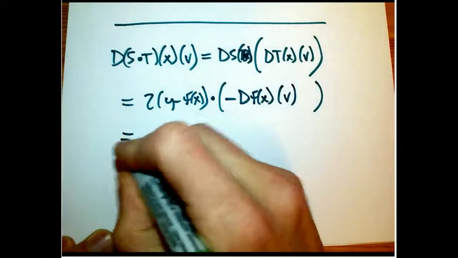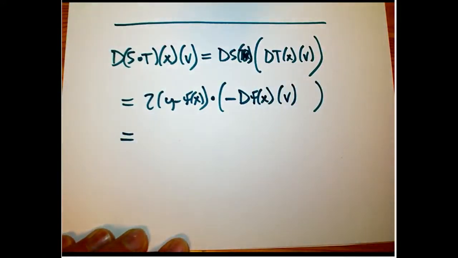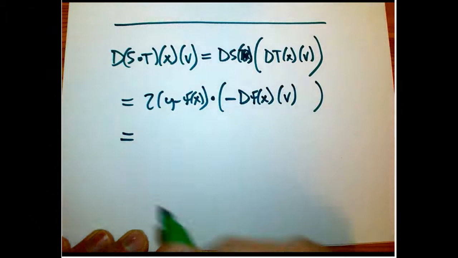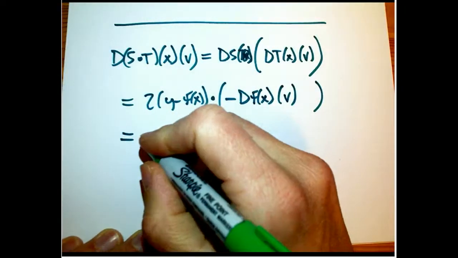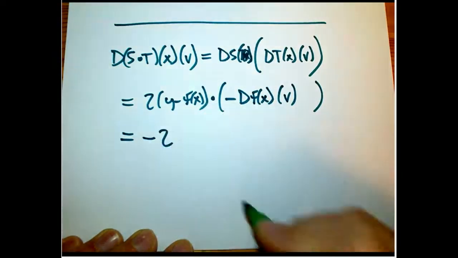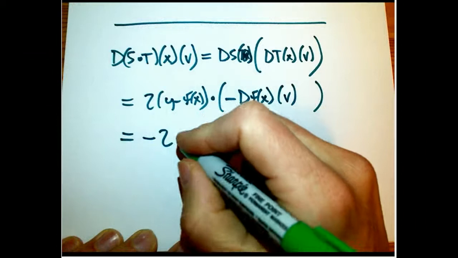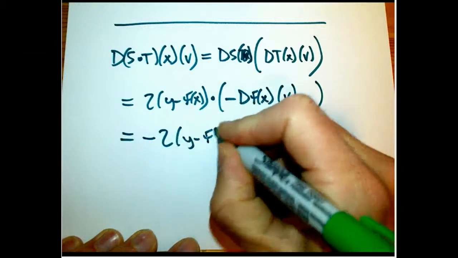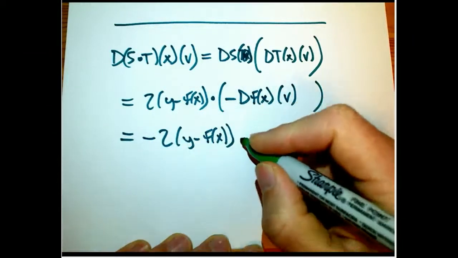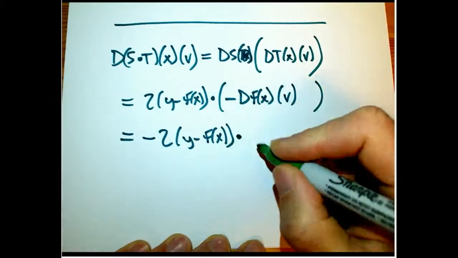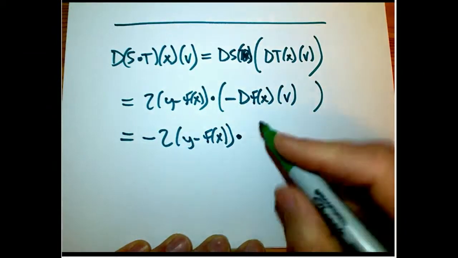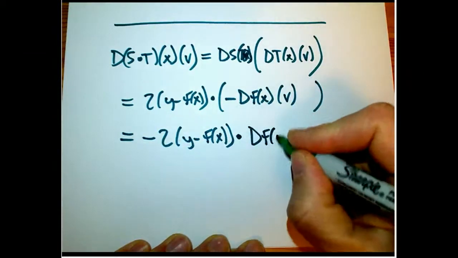One thing is that I actually was not being careful with my signs. I forgot there were two minus signs coming out. The derivative here actually does have a minus sign, and then when we take minus the gradient, the minus sign will disappear. So minus 2 y minus f of x dotted, that's a vector dotted with another vector.